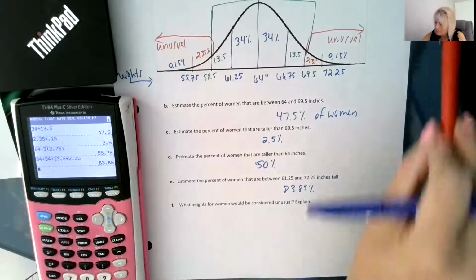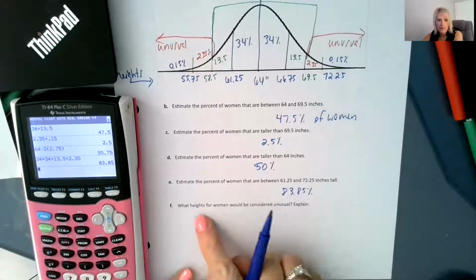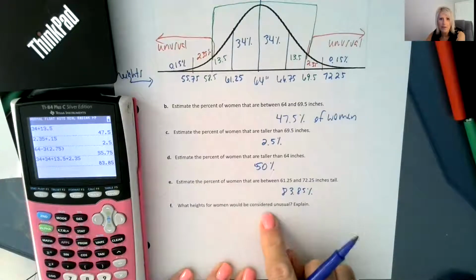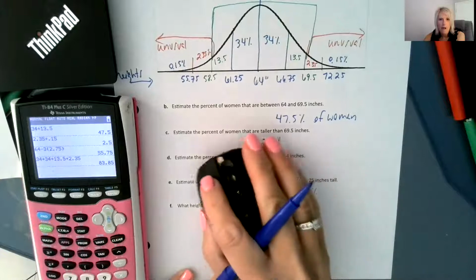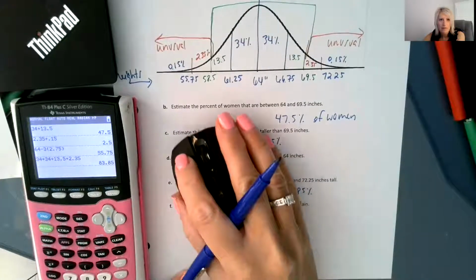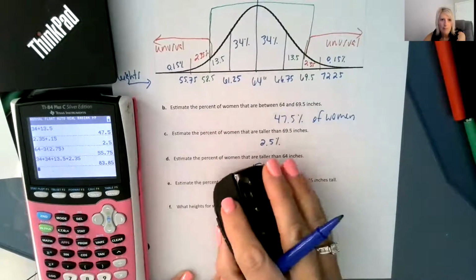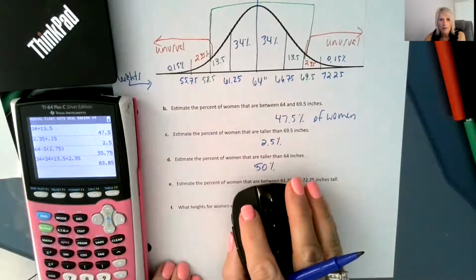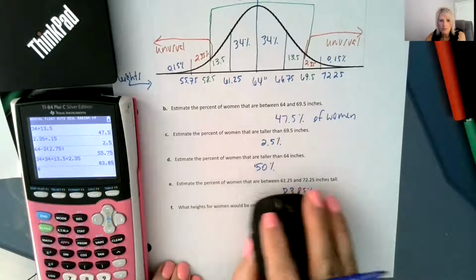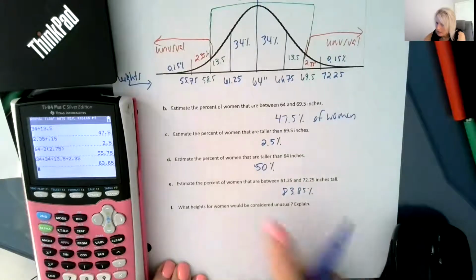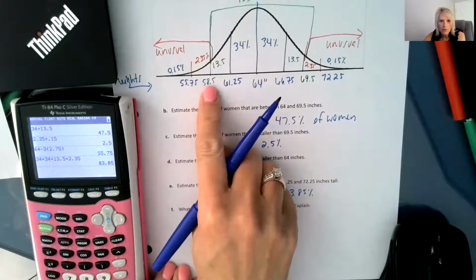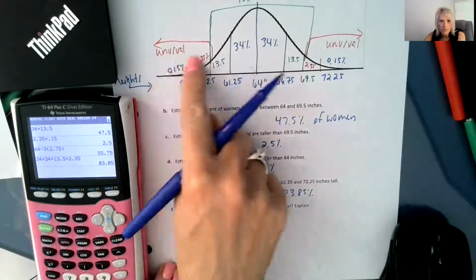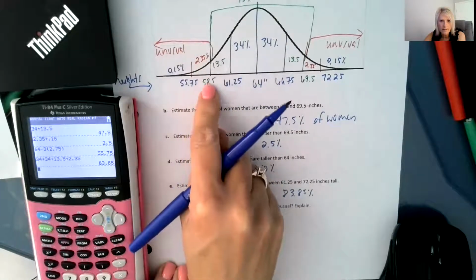And lastly, it says, what heights for women would be considered unusual? Think about what heights would be considered unusual. So anyone shorter than 58.5 inches, right? We said over here, the second standard deviation.